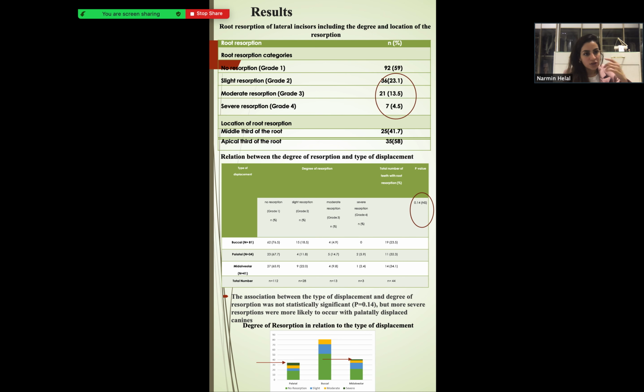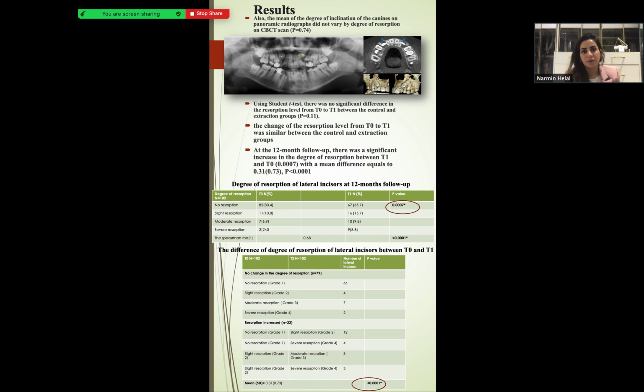To answer the questions of our study, the first question, where we looked at the relation between the degree of resorption and the type of displacement, we found it to be not significant. However, where we found severe resorption, it was associated with palatal or mid-alveolar displacement rather than buccal, and more with palatal canine displacement.